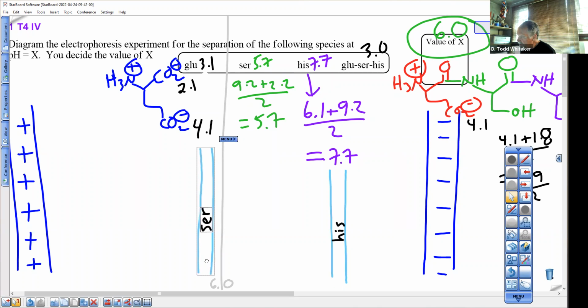I'm not going to be using a ruler and measuring. All I'm saying is this 3.1 has to move a lot more than the 7.7 did in the other direction, because the gap's a lot higher. This one's going to go almost to the end here, and the 3.0 is going to go even further.